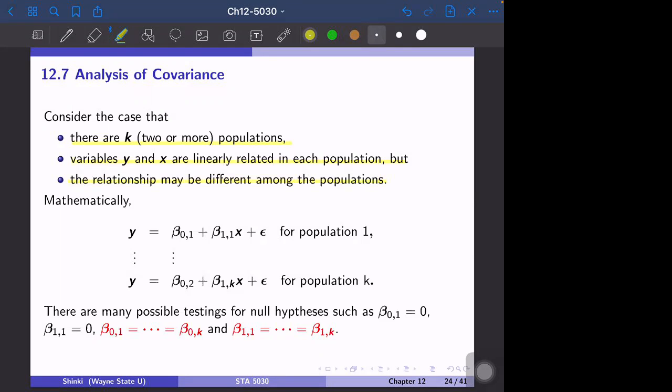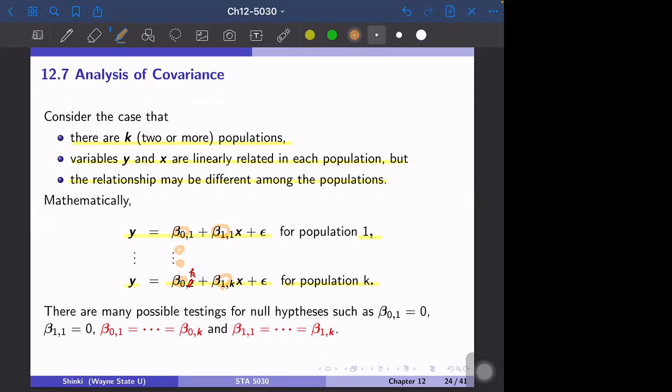So y is equal to beta naught 1 plus beta 11 x plus epsilon for population 1, but for a different population we have different parameters, maybe up to k. So these coefficients may be different.